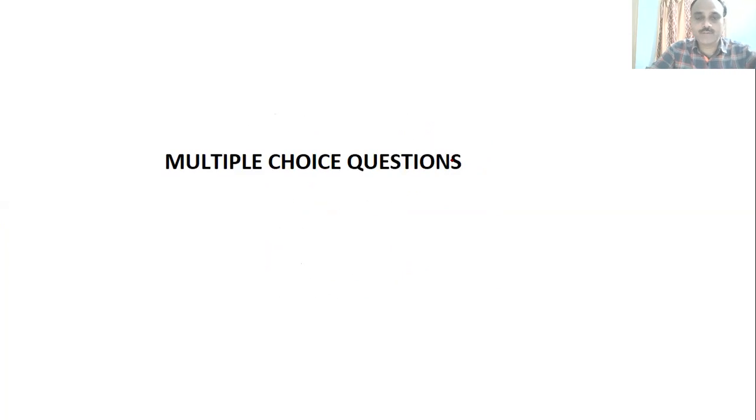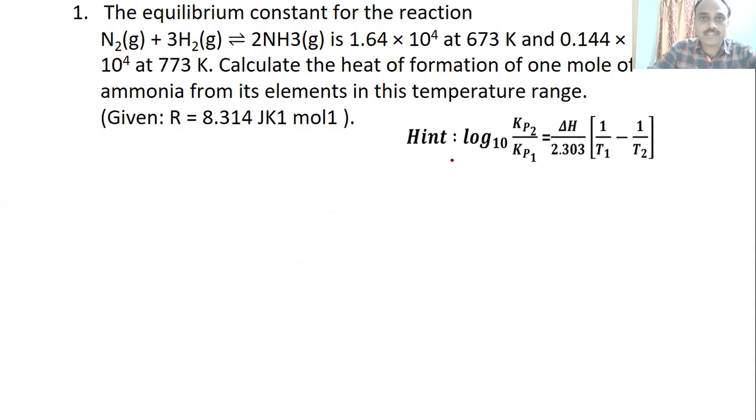equation. Now, we are coming to the multiple choice questions. The equilibrium constant for the reaction N2 gas plus 3H2 gas gives 2NH3 gas is 1.64 into 10 to the power of 4 at 673 Kelvin and 0.144 into 10 to the power of 4 at 773 Kelvin.